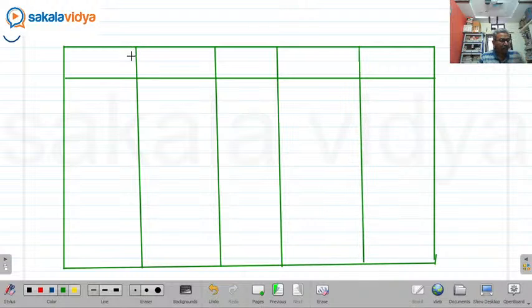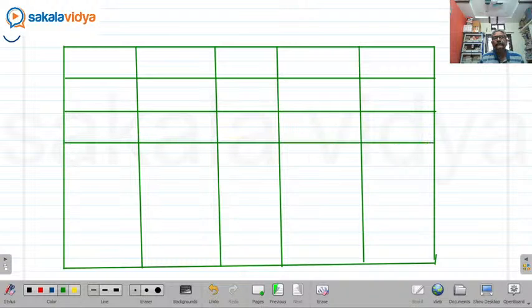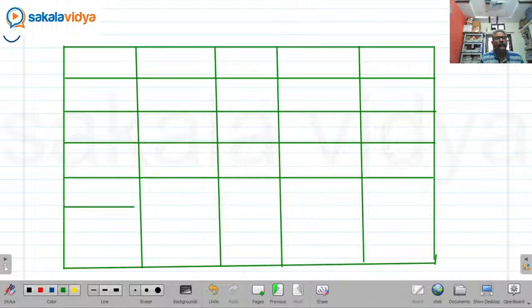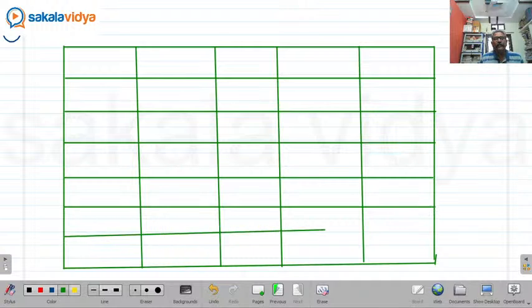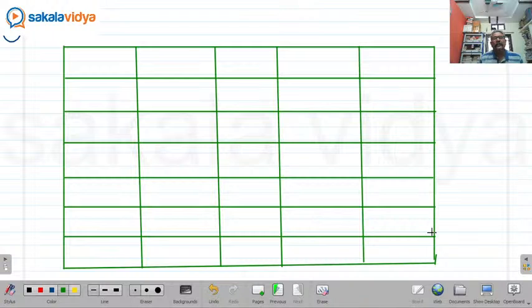So now 100 to 150, 150 to 200, 200 to 250, 250 to 300, 300 to 350. Next, the last row is for total. Yes, step deviation method.